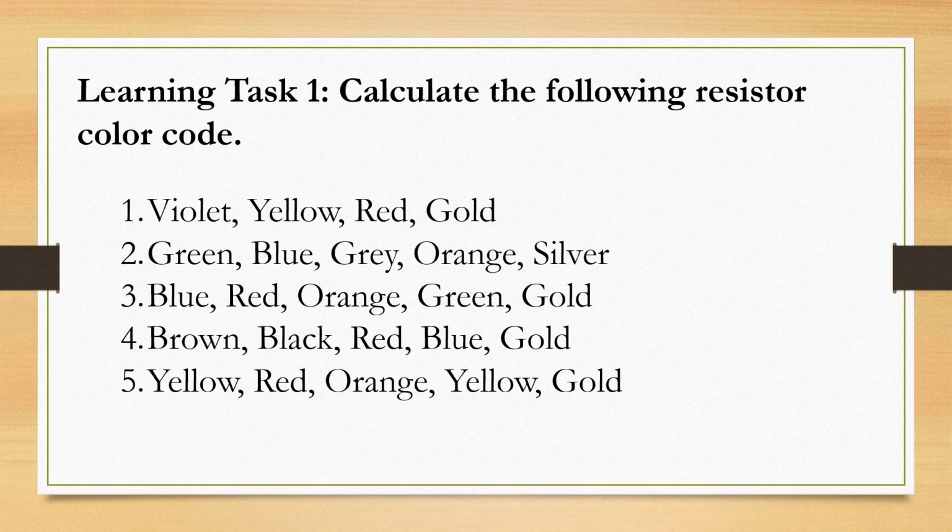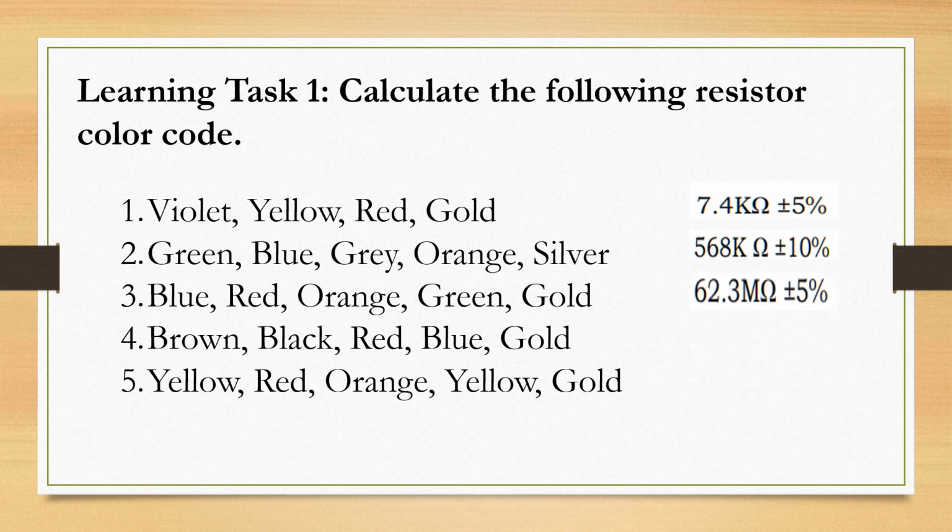Check your answers. For number 1, we have 7.4 kilo ohms with a tolerance of plus or minus 5%. For number 2, we have 568 kilo ohms with plus or minus 10% tolerance.